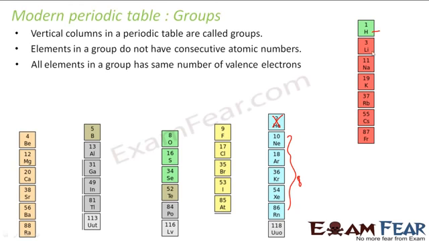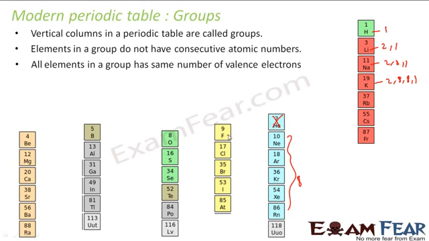Hydrogen is 1, lithium is 2, 1. Sodium is 2, 8, 1, potassium is 2, 8, 8, 1, right? So each and every one has 1 valence electron. Here also, helium is the exception because helium's shell is filled with 2 electrons. But apart from that, all are 8.